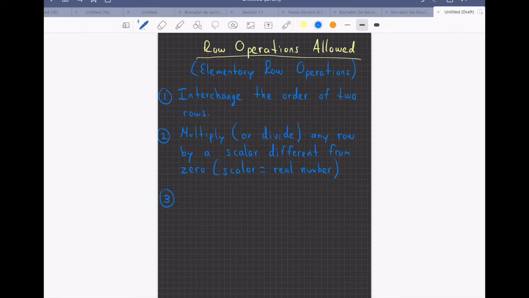Number 3, this I think is the most important. Add or subtract 2 rows and use the result to replace any of the 2 rows.